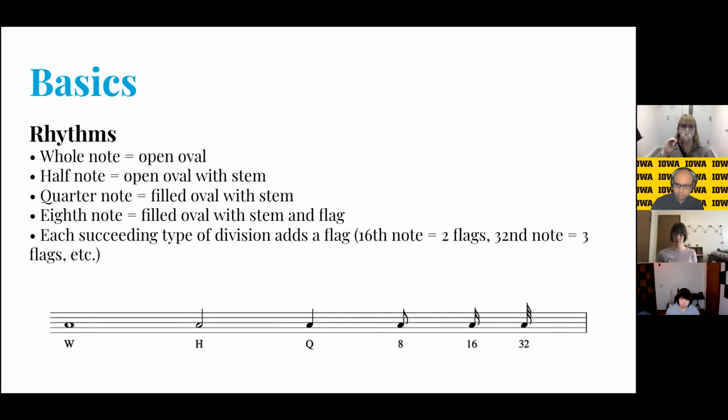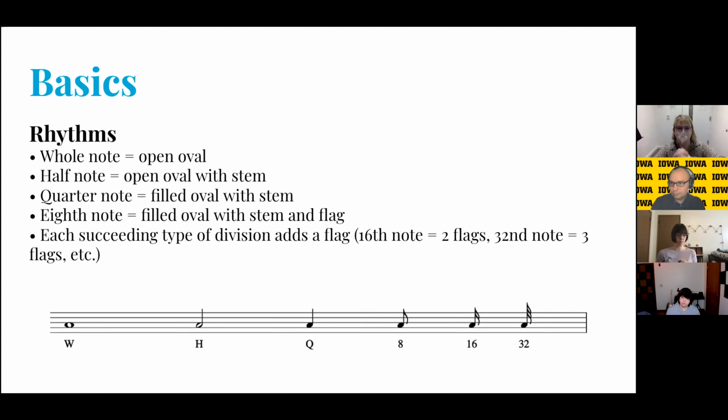And so if we add a stem onto that whole note, we get what's called a half note, and a half note is half the length of the whole note. And if we keep that half note, but we just fill in the oval, that's what's called a quarter note. And a quarter note is half the length of the half note and a quarter of the length of the whole note. Is this making sense to everybody?